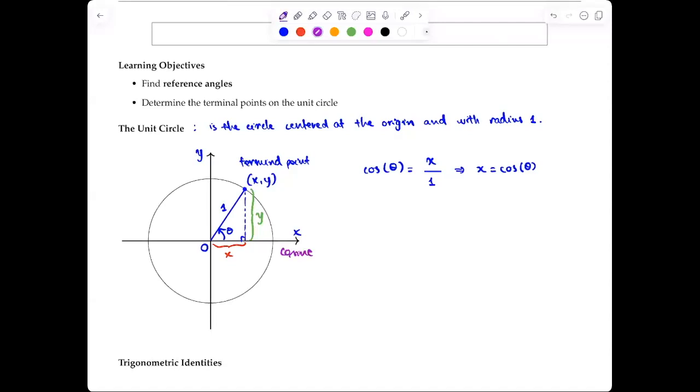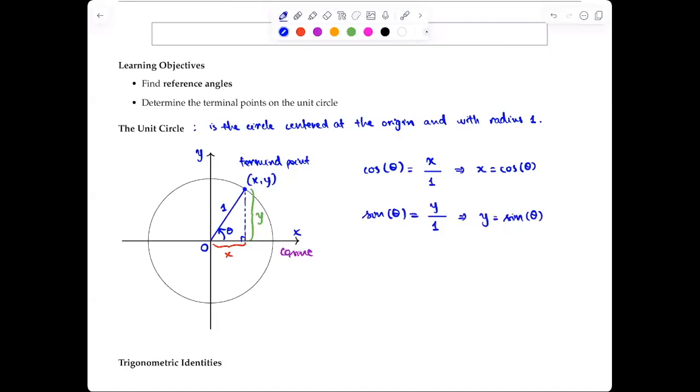Let's do something similar for sine. Sine of theta is the opposite over the hypotenuse. In this case, the opposite is y, over 1. So y is equal to sine of theta.